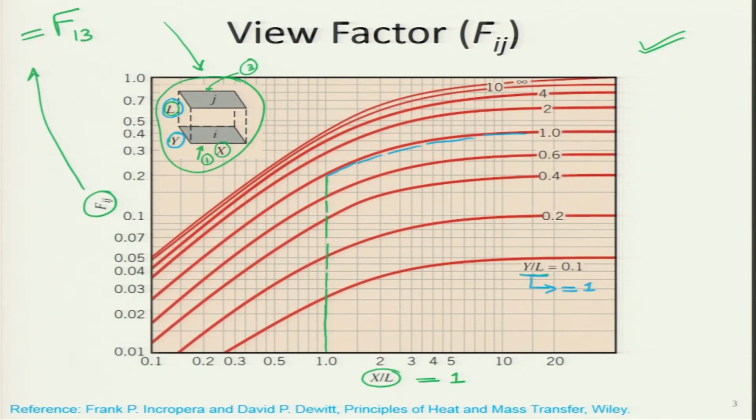GPS also uses that location. Over here we have collided at that point. Let me make it a red dot. I will read out the value from here. Moving in this direction, the value I am getting is very close to 0.2. So, the answer I have found is that in our problem F13 is very close to 0.2. Because this is a graph that I am reading, there will always be a small error of 2-3%.